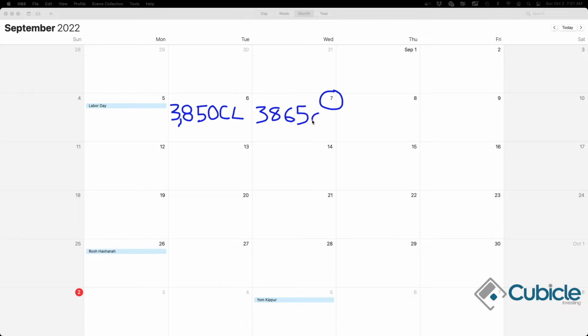So that's where the market opened. For those who aren't aware, the market opens at 9:30 a.m. Eastern Standard Time. So the delta, or the difference between the previous day's close and the next day's open, is 15.